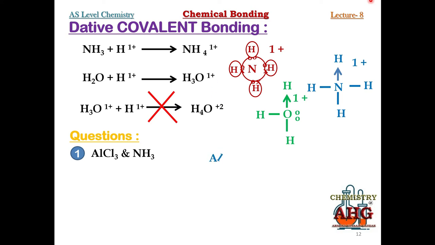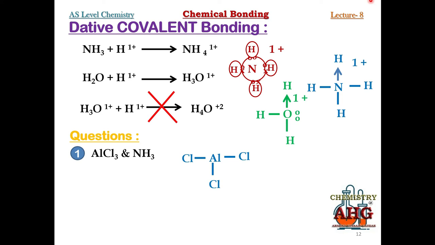Why? When you write down the simple molecular structure of aluminum chloride, you will come to know that the valence shell of aluminum, after the formation of 3 covalent bonds, has 6 electrons. So its octet is not completed. Whenever the octet of an atom is not completed, it is electron deficient.